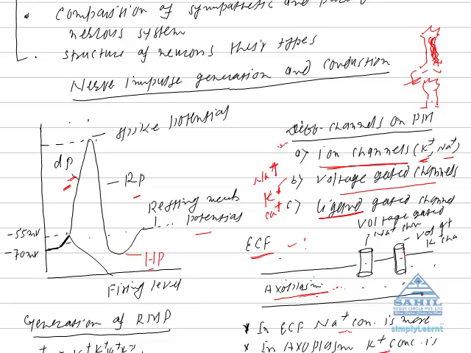The first aspect in generation of a nerve impulse is generation of the resting membrane potential. When a neuron is in resting stage, it always maintains a potential difference of minus 70 millivolt, which is called the resting membrane potential.